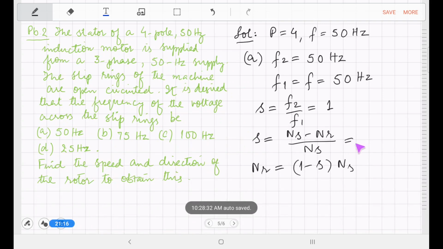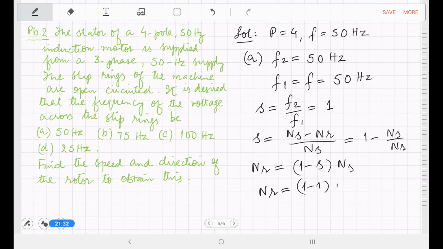Therefore in this case Nr will be equal to (1 minus 1) times Ns, which will be equal to 0 times Ns, that is 0. That means the rotor has to be kept stand still. We already know that when the rotor is stand still, the slip is equal to 1, and the frequency of the rotor induced EMF will be the same as the frequency of the stator induced EMF.